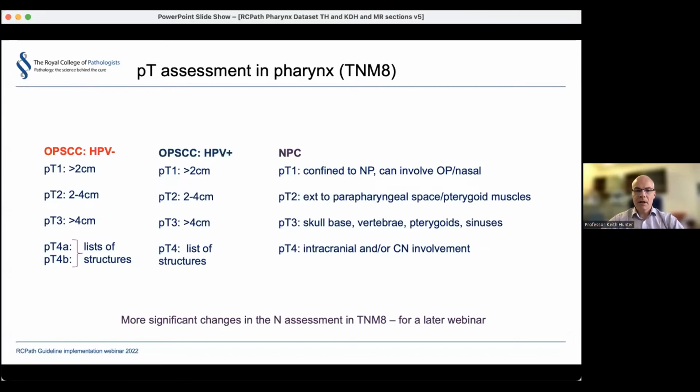And as noted earlier, we're not looking at the changes in the N, the nodal assessment, in TNM8. So that's all that I have to say, and I'm going to pass on now to Max to discuss in a little more detail some of the rationale behind the changes in recommendations for HPV-specific testing.